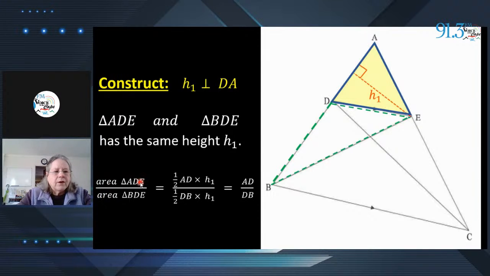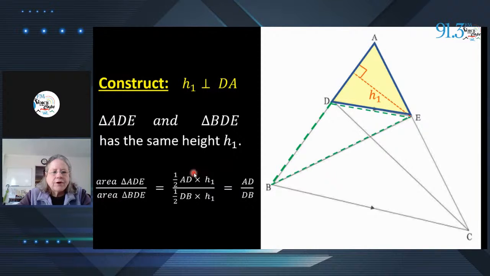So we take the area of triangle ADE, the top one, and we work out the area of triangle BDE. And the formula for the area of a triangle is half times the base times the perpendicular height.